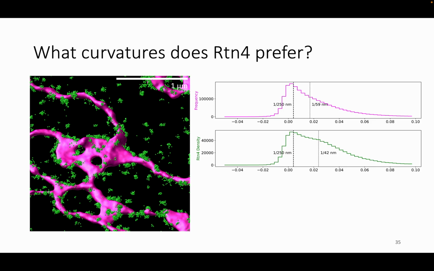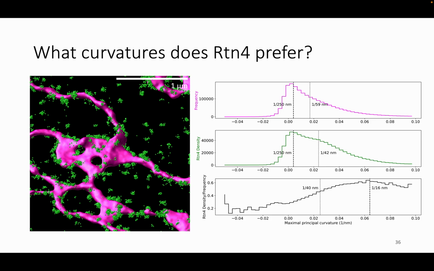And if we plot the ratio of these two histograms against one another, we actually can see that as we move into areas of this surface reconstruction with higher maximal principal curvatures, the density of reticulons in those areas also increases all the way up to about 1 over 16 nanometers, indicating that the smallest ER tubule in this whole data set is something like 32 nanometers in diameter, which is again exactly what we would expect for this kind of data set.